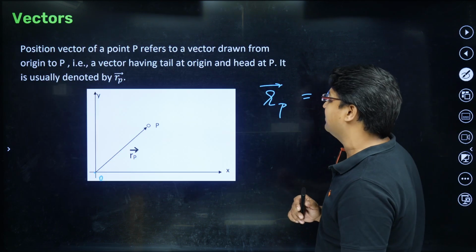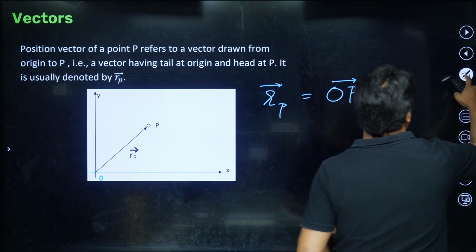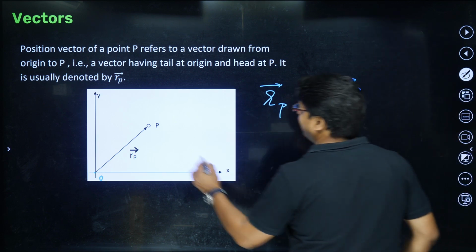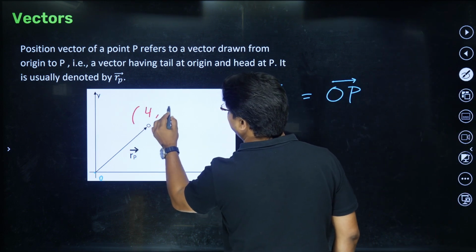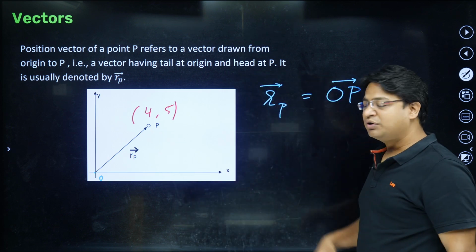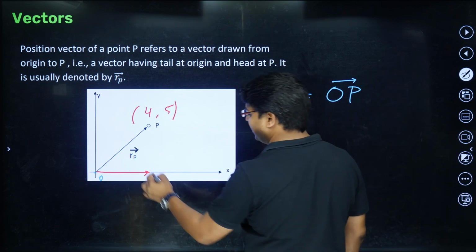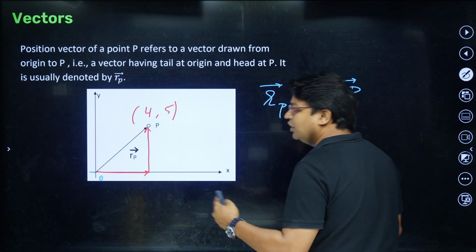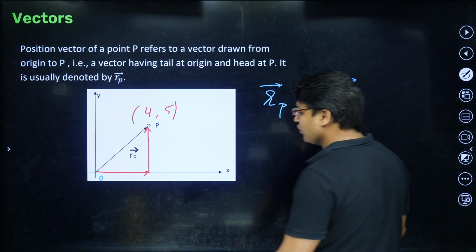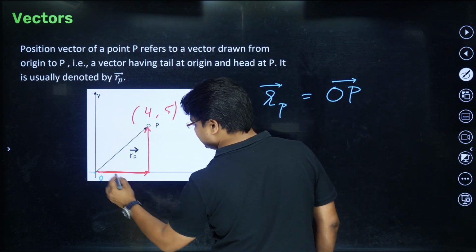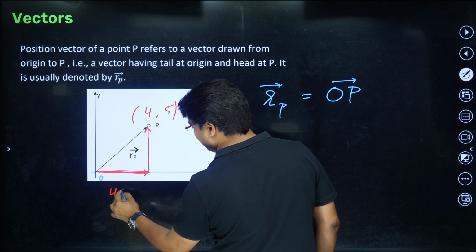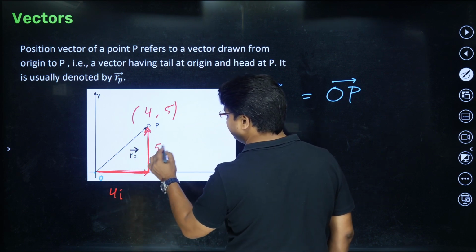Let's check an example. Suppose this point P has coordinates 4, 5. What would that mean? We have to travel 4 units along the x direction and then 5 units along the y direction to reach this point. Notice that this arrow can be written as 4 i cap and this arrow as 5 j cap.